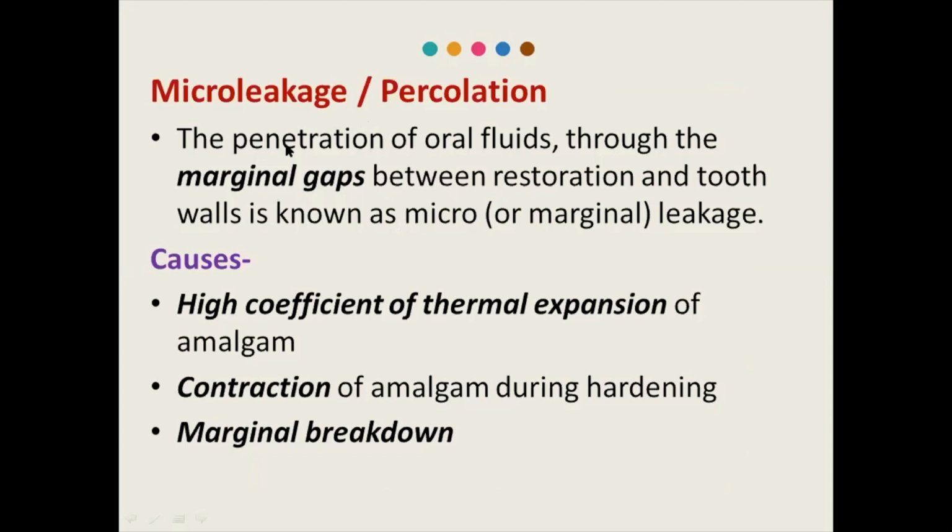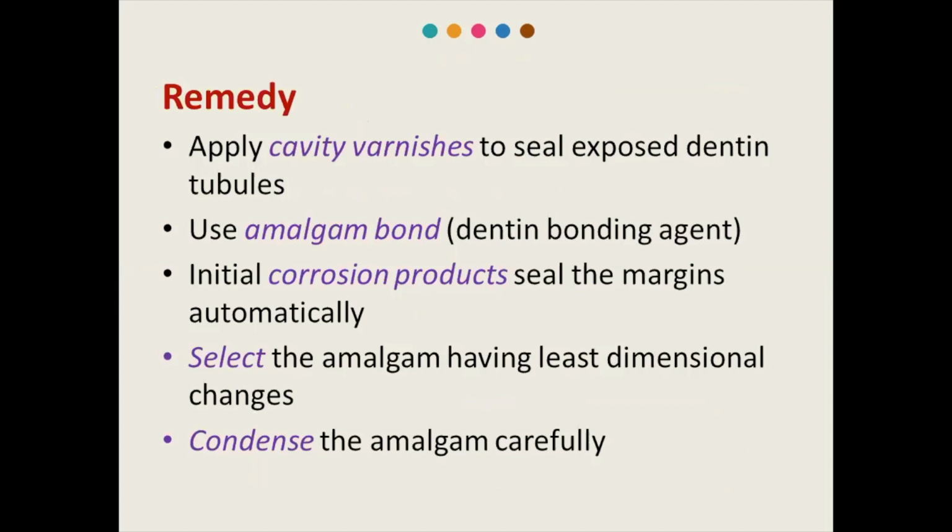So what is microleakage? The penetration of oral fluids through the marginal gaps between the restoration and the tooth wall is known as microleakage or marginal leakage. What are the causes? High coefficient of thermal expansion of the amalgam, with vast differences there; contraction of the amalgam during hardening; and marginal breakdown. So how will you prevent the microleakage? Apply cavity varnishes to seal the exposed dentin.